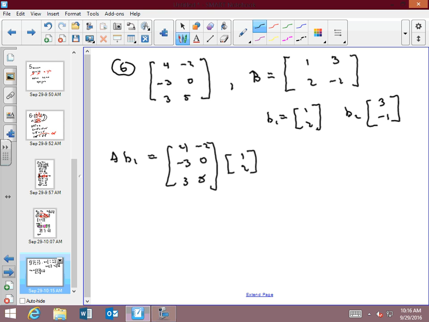Now notice it's possible because the number of columns in A is the same as the number of rows in that vector. So it's going to be a 3 by 1 result.